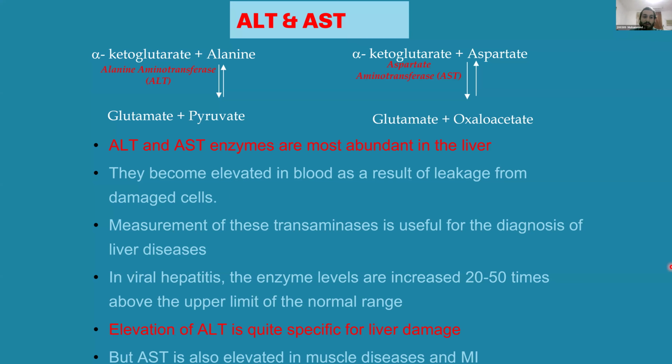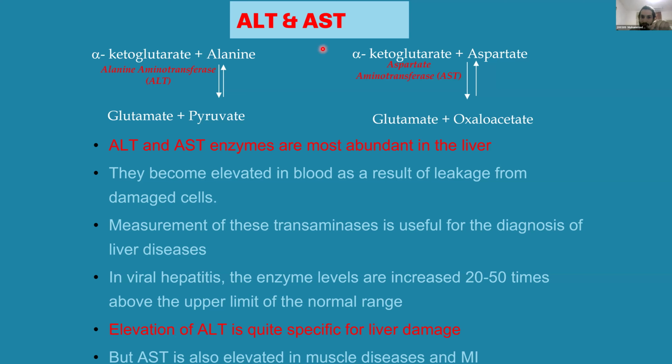Now, elevation of ALT is more specific. Both of them are increased in liver damage, ALT and AST. Now, if they ask you for the most liver-specific enzyme, or which is better if you want to use just one: usually both of them are ordered, but if you choose one, you choose ALT.